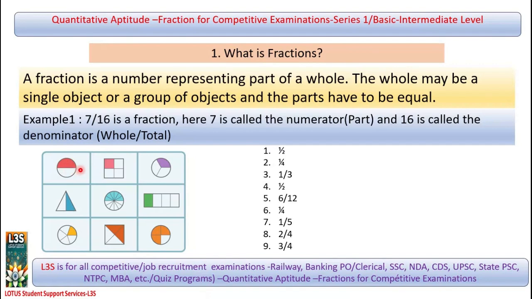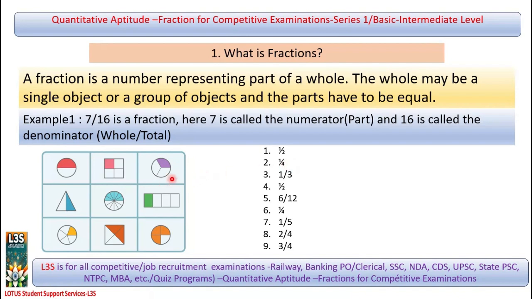The next, it's a square, it is divided into 4 parts and one part is colored red. So here 4 equal parts, so the denominator or total part will be 4, and the red color is 1 part, so the fraction will be 1 by 4.